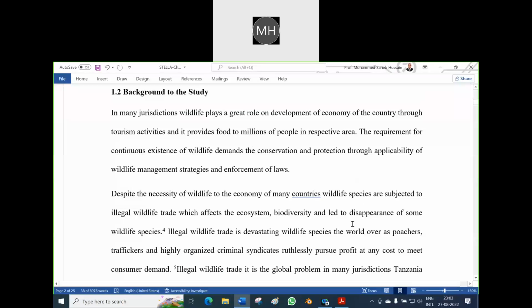Yeah, this is the idea behind it, where she wants to do the research. Why? Illegal wildlife trade is going on that affects the ecosystem, biodiversity, and led to the disappearance of some wildlife species. So that made the researcher do this research.